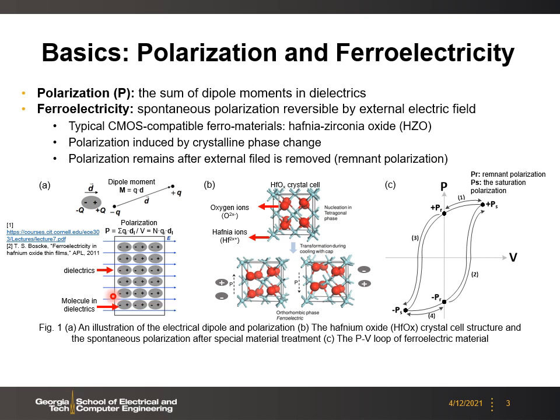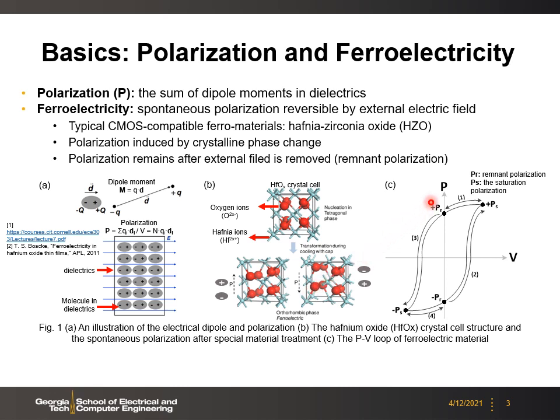Today's CMOS-compatible ferroelectric materials of interest are mostly doped hafnium oxide, for example, hafnium zirconium oxide, HZO. The symmetry of the hafnium oxide crystal structure is broken by the doping. Therefore, we can create dipoles polarized up and down.